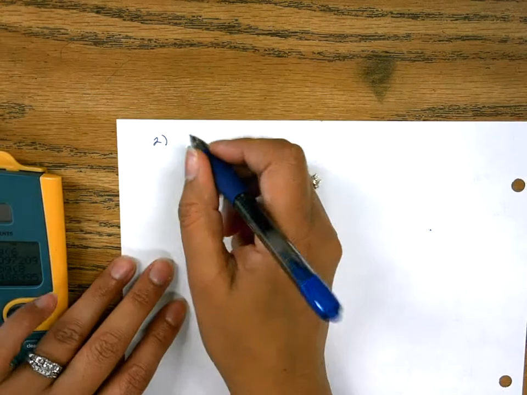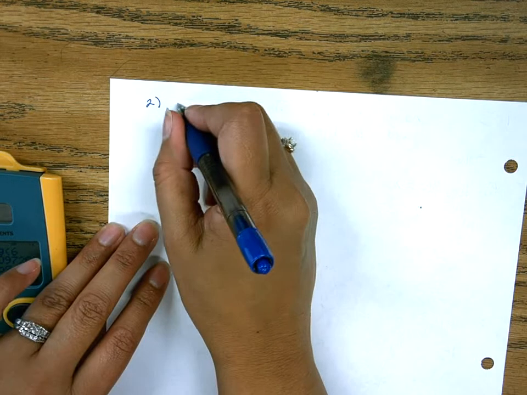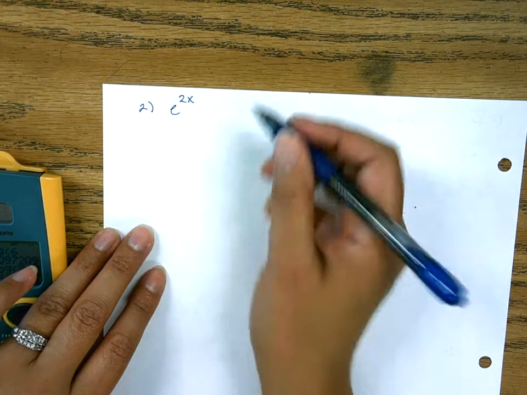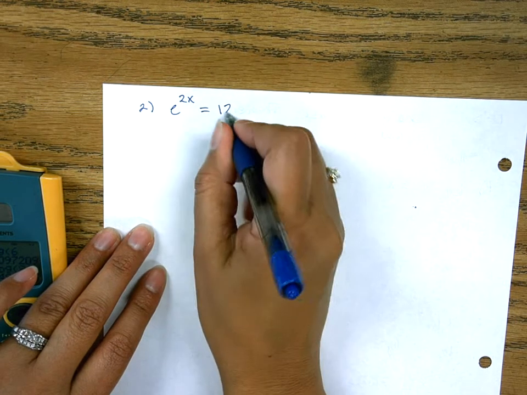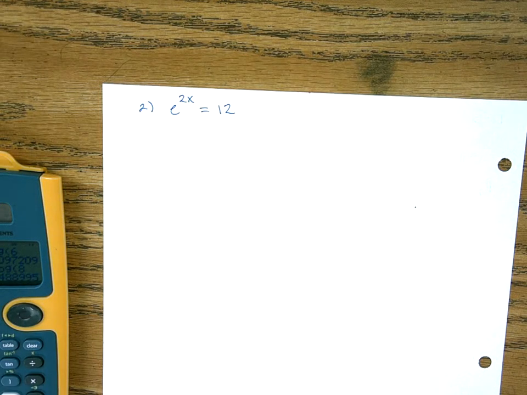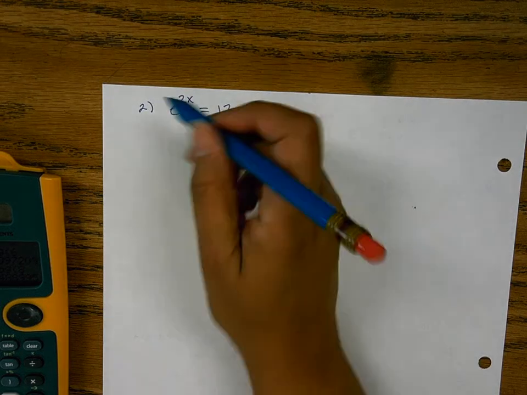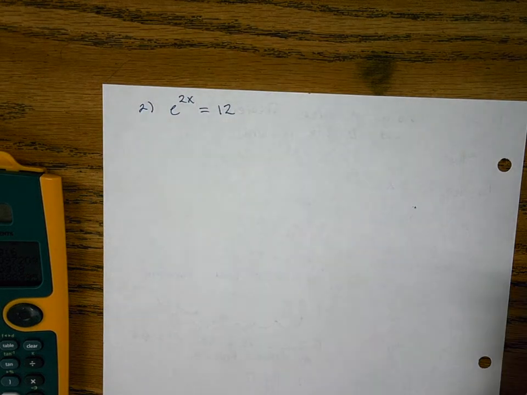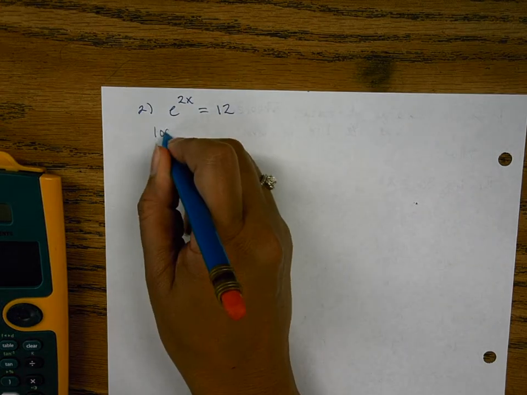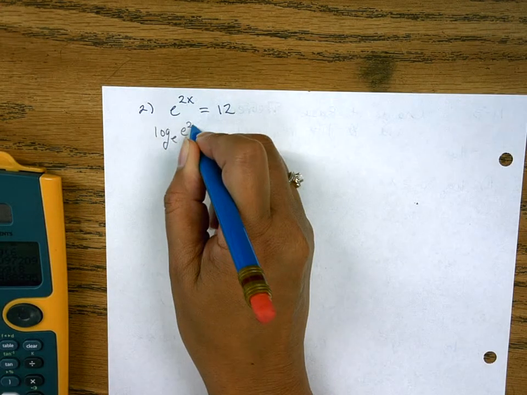Okay, number 2, e raised to the 2x equals 12. We're going to do the same thing. We're going to take log of both sides, but this time, because it's e here, I'm going to take log base e of both sides.